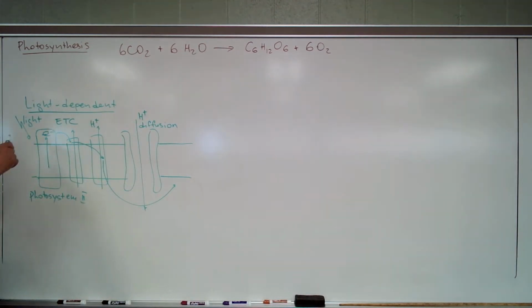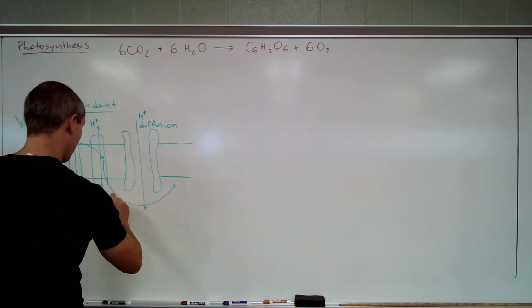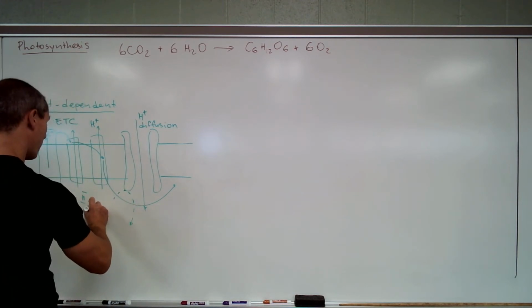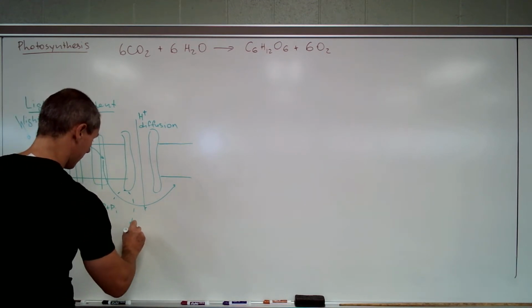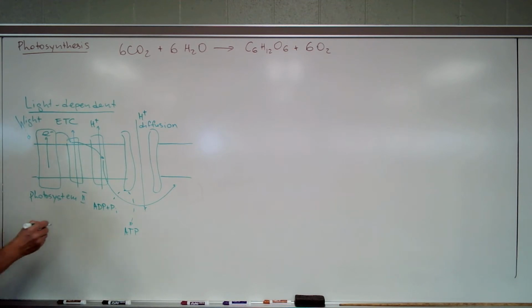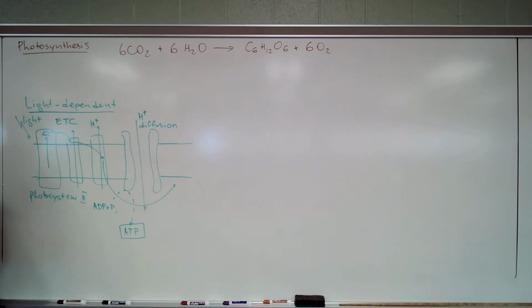So electron jumps from one protein of electron transport chain to another, releasing energy. This energy is used to form electrochemical gradient. This gradient drives the diffusion of hydrogen ions, and this diffusion provides the energy for ATP synthesis. Okay, so ATP will be the first important molecule produced during light-dependent reaction. Does that make sense? We good?